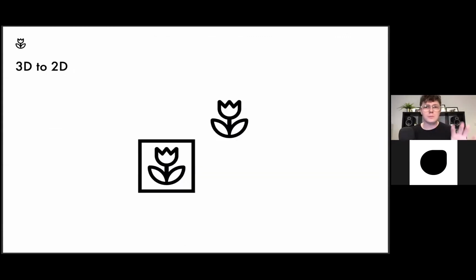But what I'm trying to say with all of this is that everybody's perception of the world is different. We're all sharing the same reality, but everybody's perception of that reality is different.